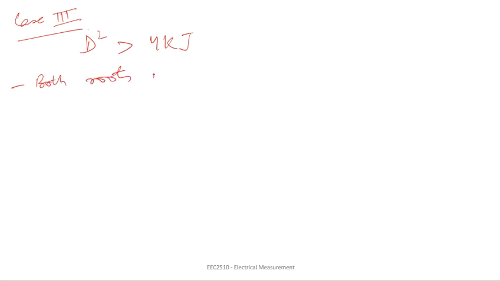Next we go to the third case, and in this case if d square, let's suppose, is greater than 4 times kj, both roots are real, and the response is overdamped.